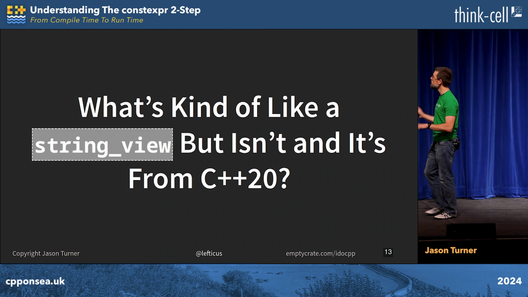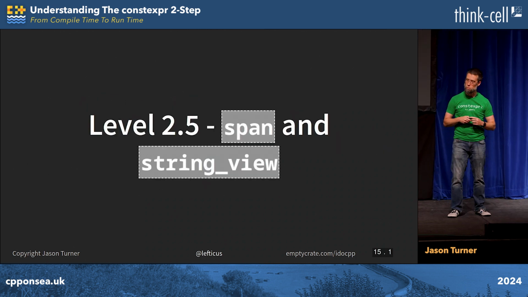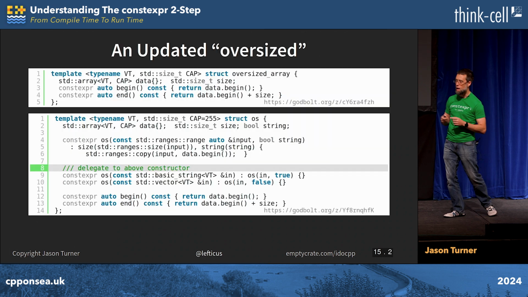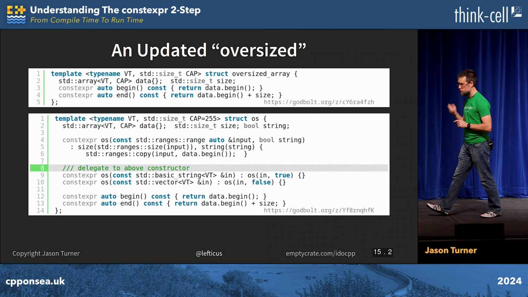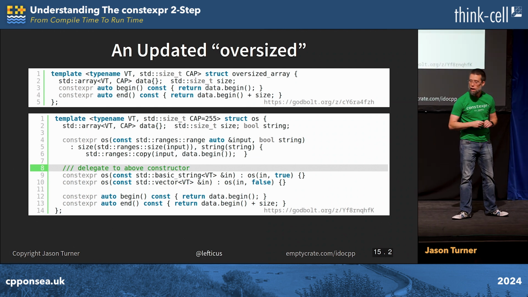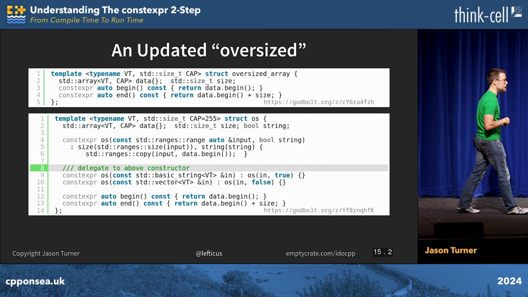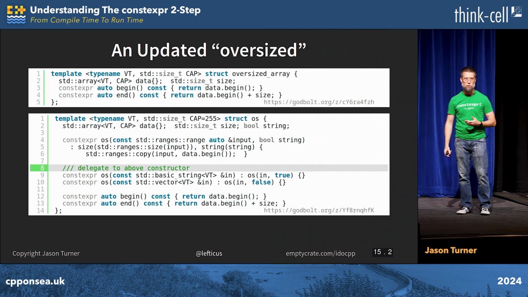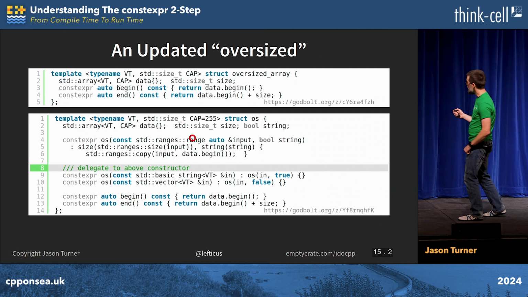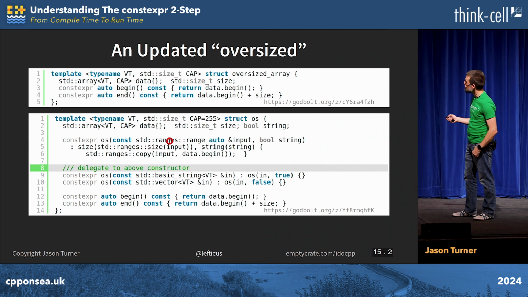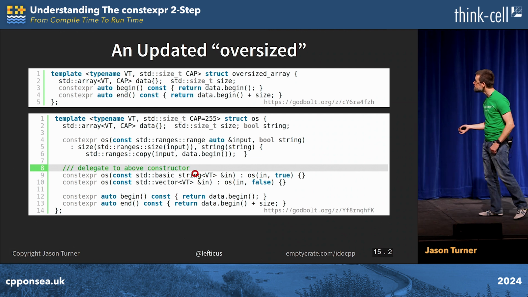Like I said, I don't know if this was a mistake to put as much code on the screen as I did. Okay, what's kind of like a string view but isn't, and it was added in C++20? Span. All right. So, level 2.5, span and string view. I have now enhanced my oversized array thingy and given it constructors. So exciting. The first constructor on line 4 takes a range concept and a Boolean indicating whether or not it was constructed from a string.